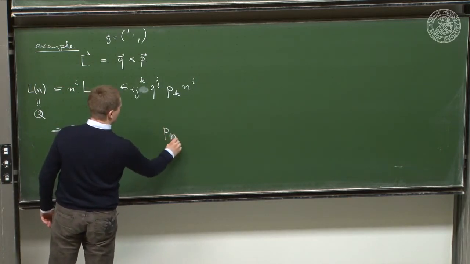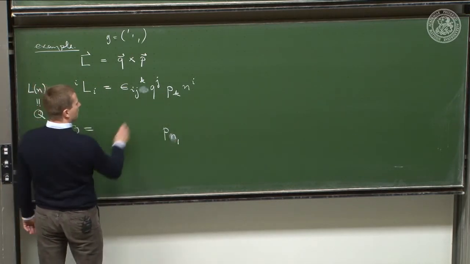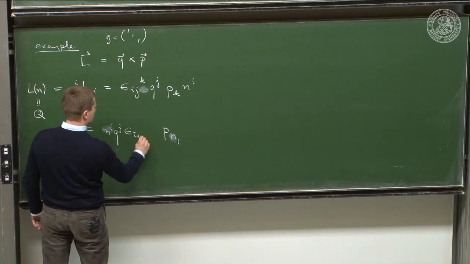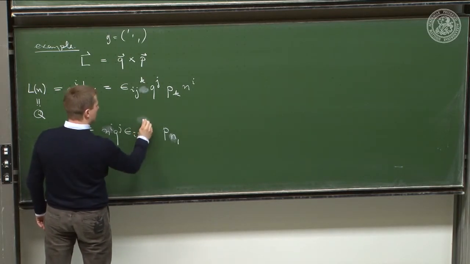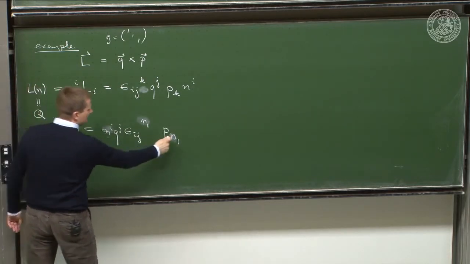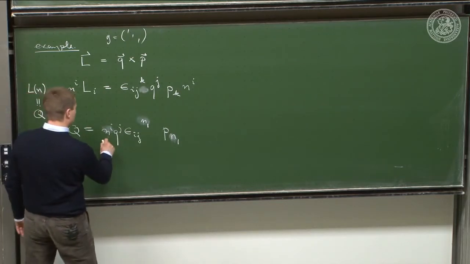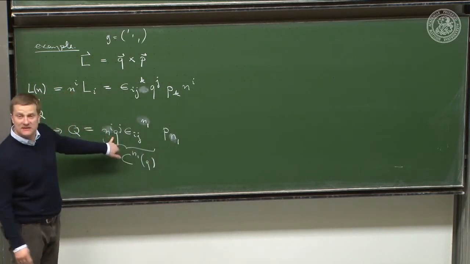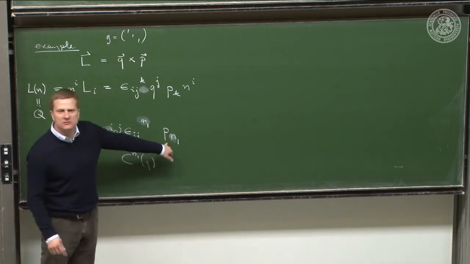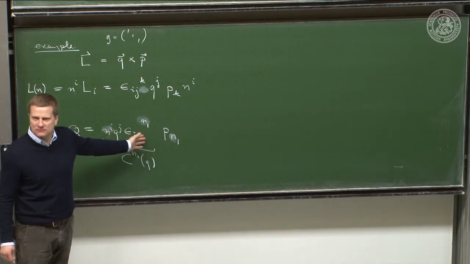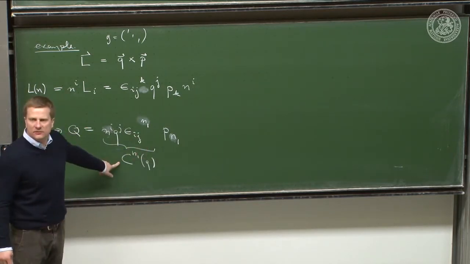Well, we always called it n1 in that case, and the coefficient here in front is ni qj epsilon ij up k, but the k is the n1. Okay, this n is a vector, these are the components, and this is an index n. But you'll cope with this. And this is the coefficient cn1 of q. You see, this coefficient depends on q and is the coefficient of this 1p. So obviously, this is a series that stops. It stops at the next level.